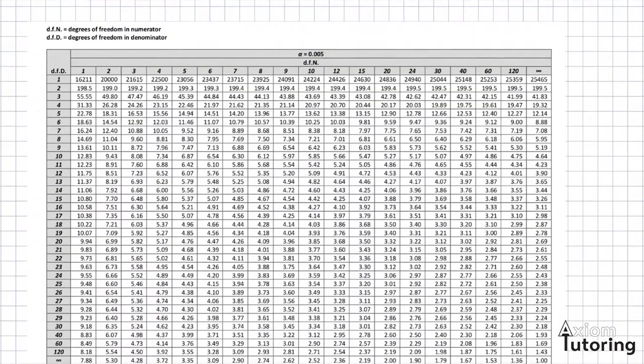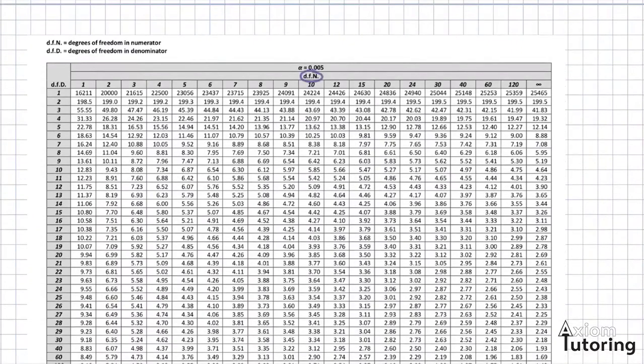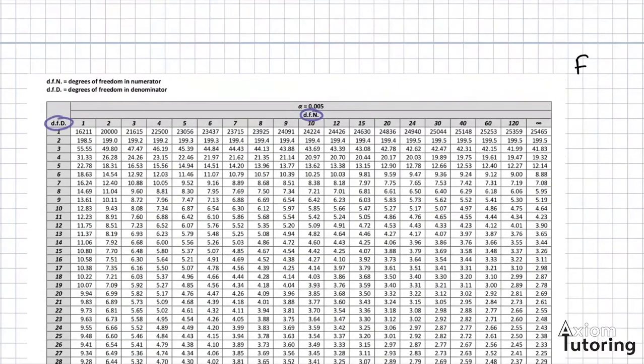This is just an example, and you will notice right away that you have 2 degrees of freedom in here. That is because the F-test usually comes with 2 parameters, the first degree of freedom and the second degree of freedom. The first degree of freedom is that of the numerator, the second is that of the denominator in the formula.